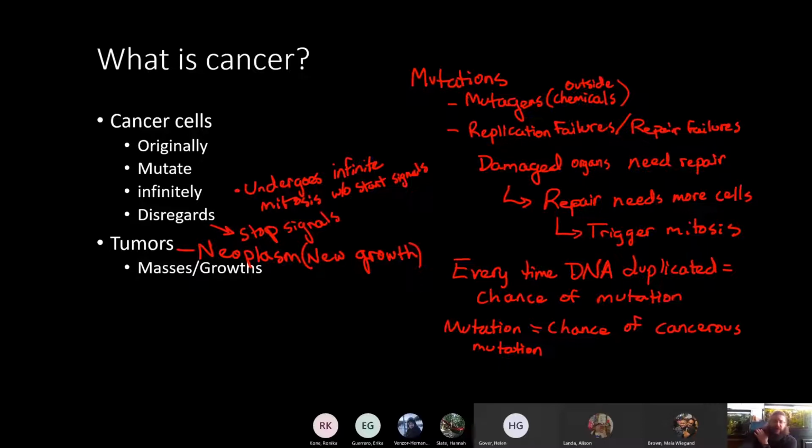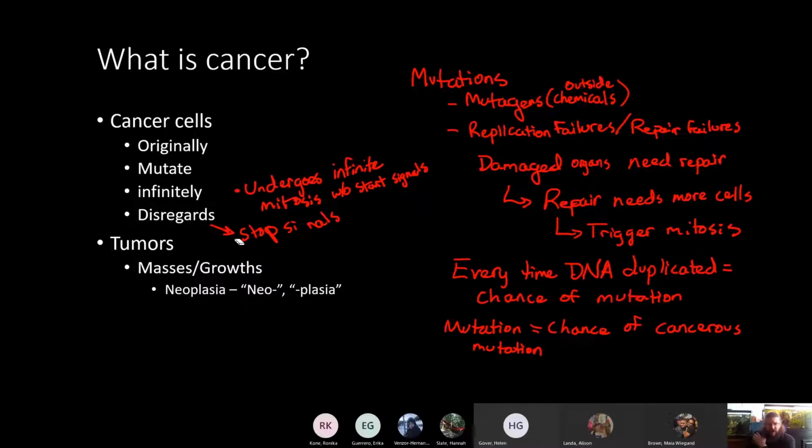So, tumors are masses or growths of cells. Right? Neoplasia is probably the best tense to use. Let's not get into the grammar of it, since I'm only going to require you to know neoplasia.